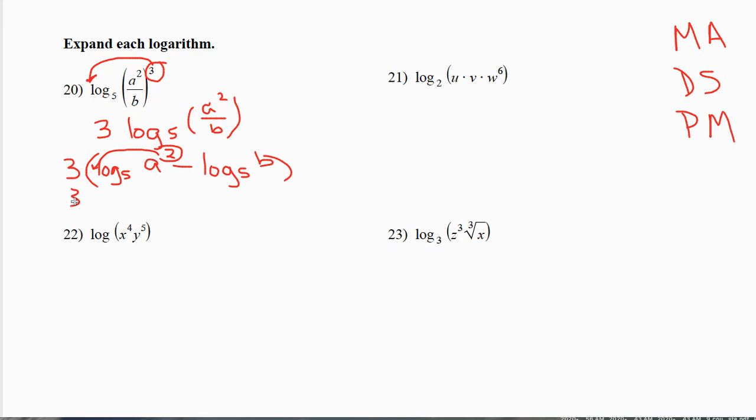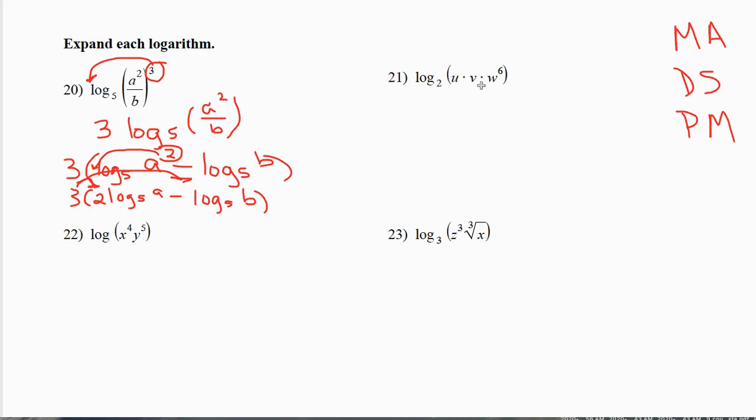So we actually have 3 times 2 log base 5 of a minus log base 5 of b. Then I can distribute my 3. So I could have 6 log base 5 of a minus 3 log base 5 of b. Or I can leave it like this, either way.